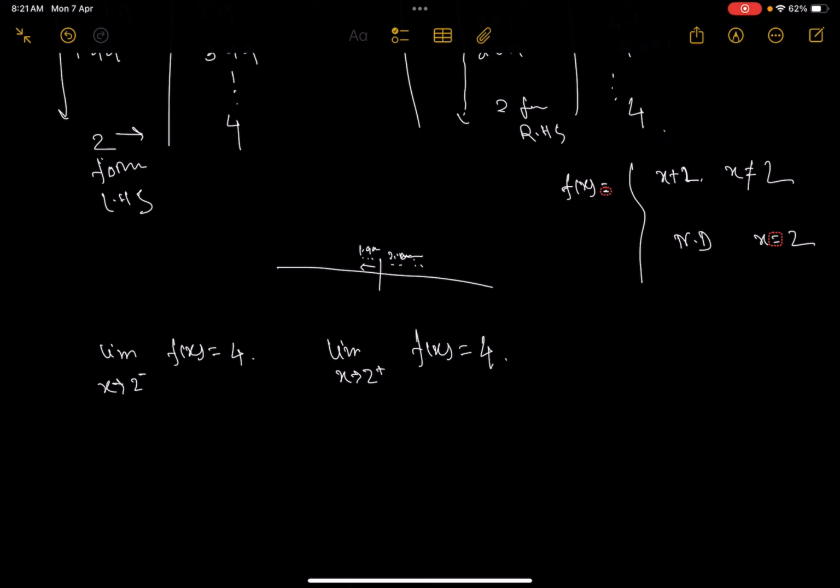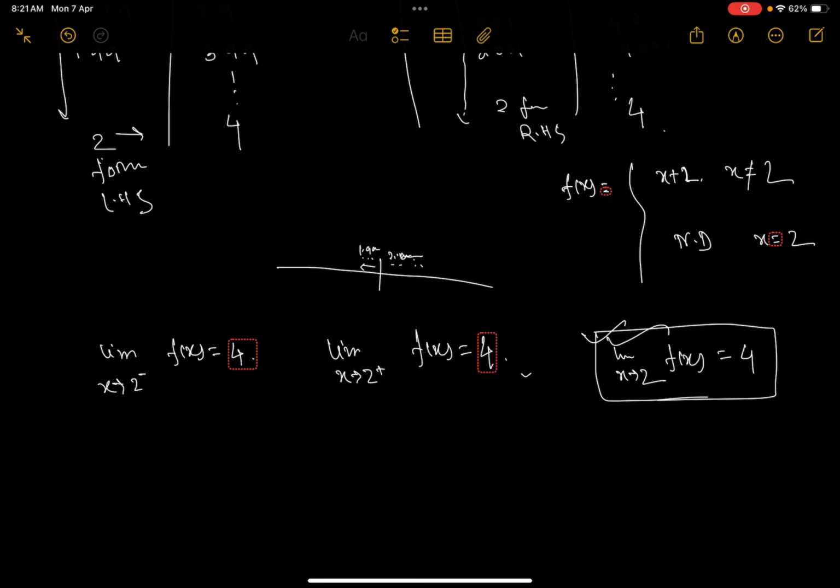At this moment, however, we cannot say that this limit is 4, because first we must read the existence of limit. Then we can say that the limit as x extends to 2 of f of x equals 4.